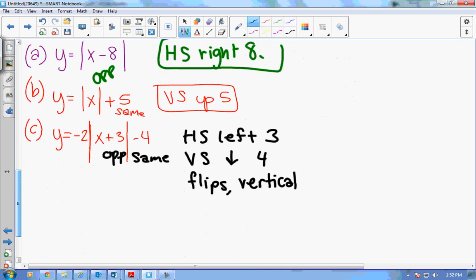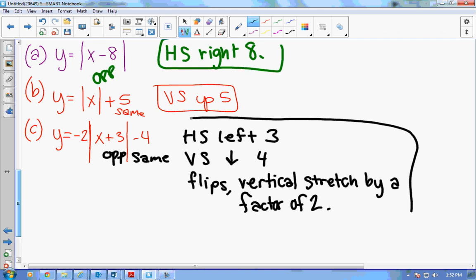And if you put by a factor of -2, it would be the same. Stretch by a factor of 2. All that good stuff describes the translations, which are the 2 shifts, and the transformation is the flip and the vertical stretch by a factor of 2. Those are transformations.